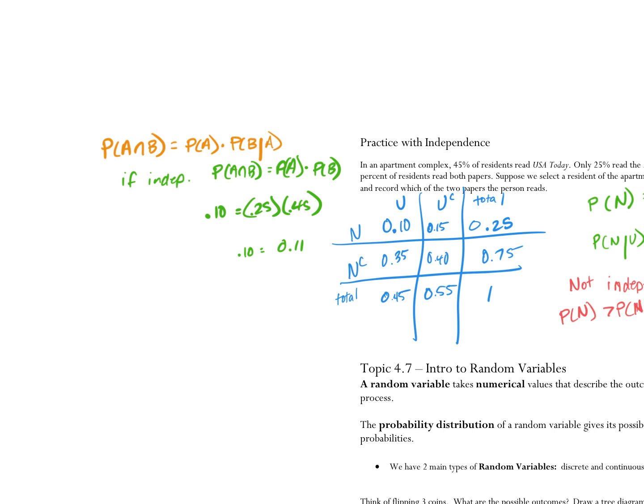I think we get 0.1125, I think. I'm doing that from memory. So are these two things equal? So it's just a different rule for checking independence. Whereas if they were independent, it would work out that both of those things ended up being the same thing.